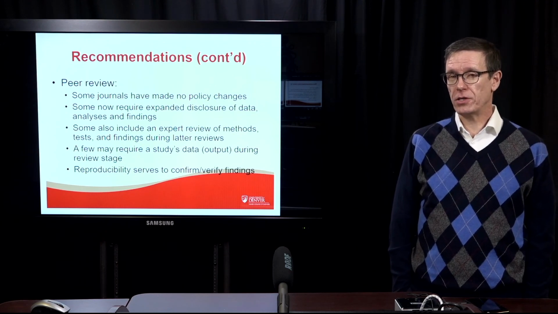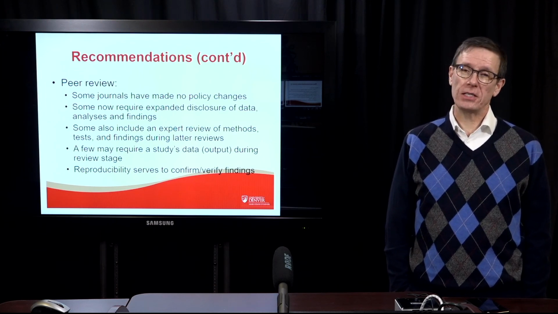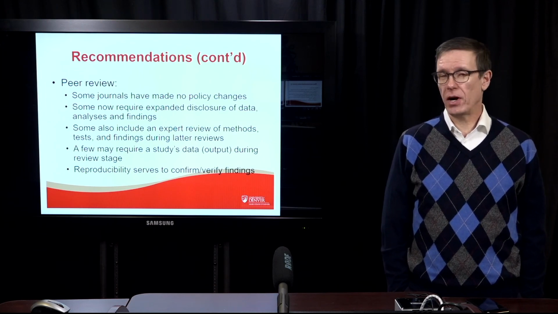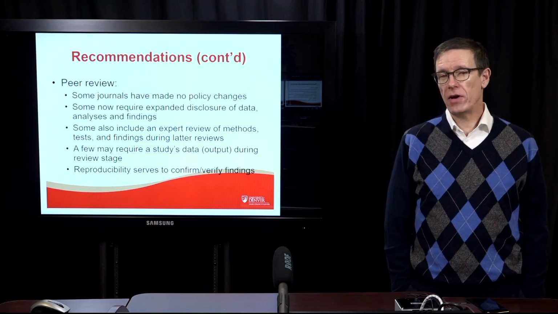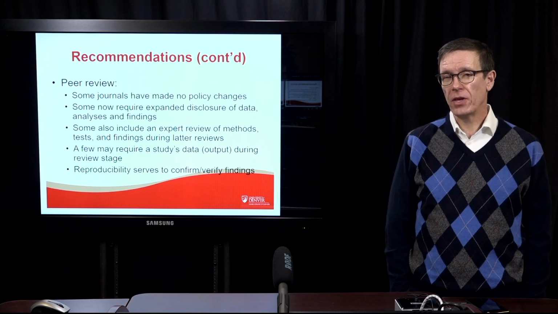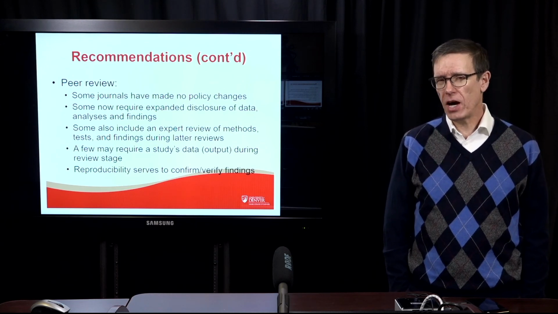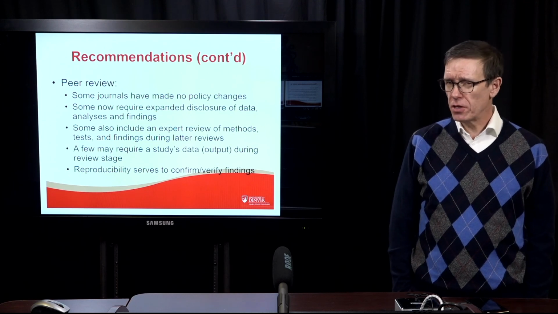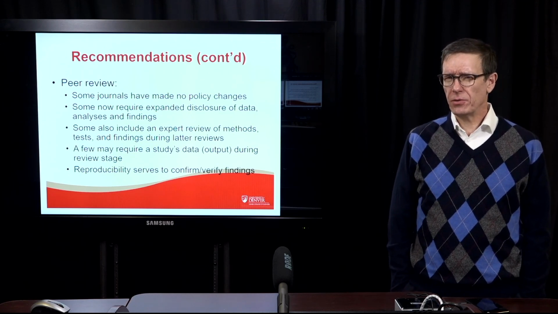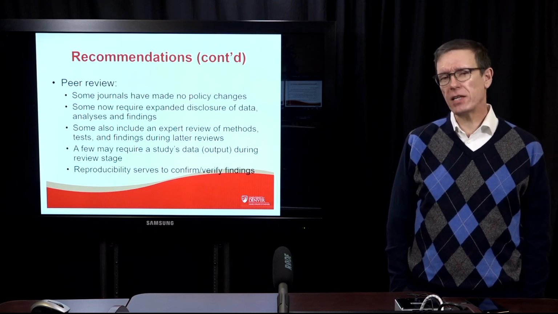I mentioned Wichard's 20%. We know that major seminal articles have been difficult, if not impossible, to replicate. We have evidence such as Goldfarb and King, who report that 25 to 40% of coefficients in their sample of 300 SMJ articles fell outside the normal limits of where they should have been. So this is an important problem, and some journals have made no policy changes to respond to this.